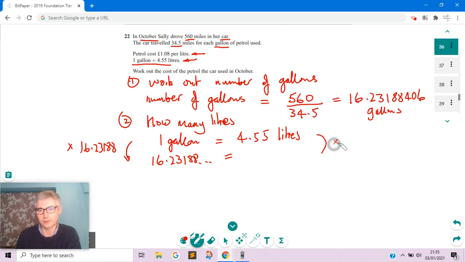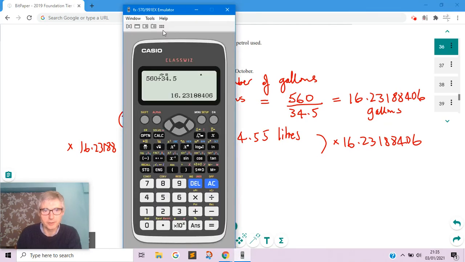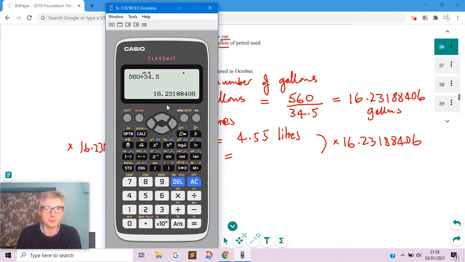As long as I times both sides by the same thing, it's still okay. So I'm going to times 4.55 by the 16.231. To save retyping it, I'll just use the figures on the calculator and times that by 4.55.